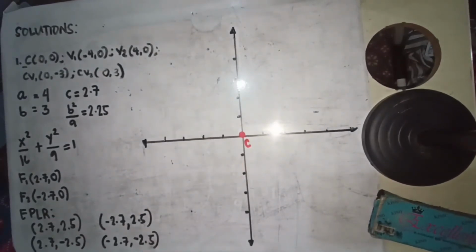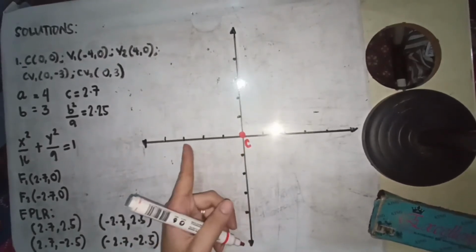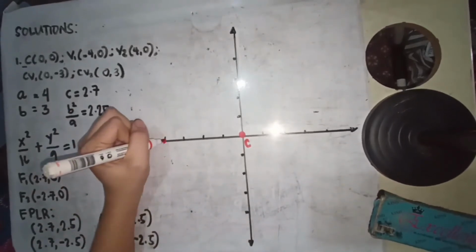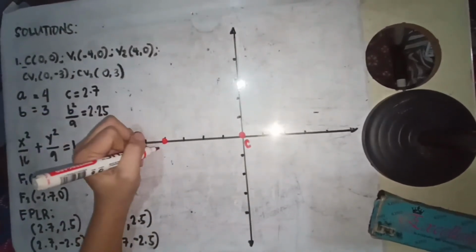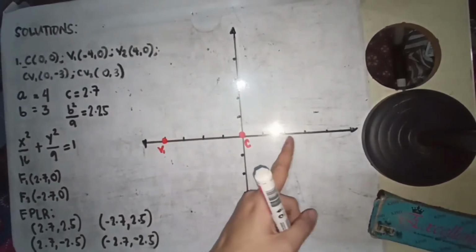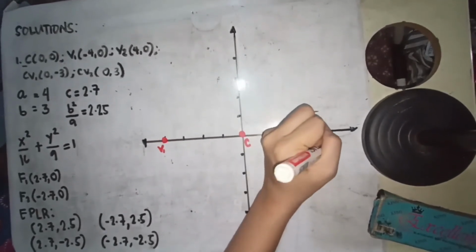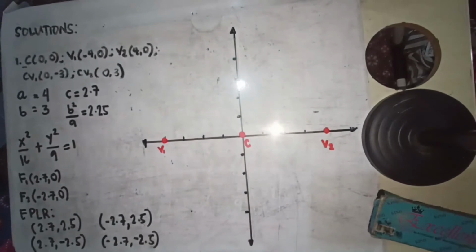Next, we have our vertex 1, V sub 1, that is negative 4 and 0. From the origin, negative 4: 1, 2, 3, 4. This will be our V sub 1. We also have V sub 2, that is positive 4 and 0: 1, 2, 3, 4. This will be our V sub 2.